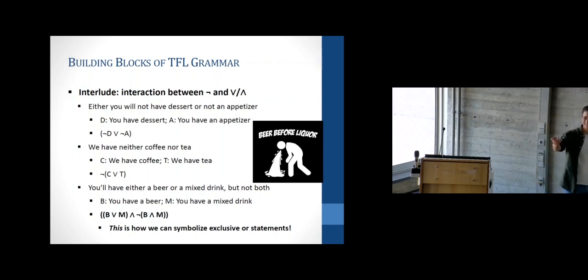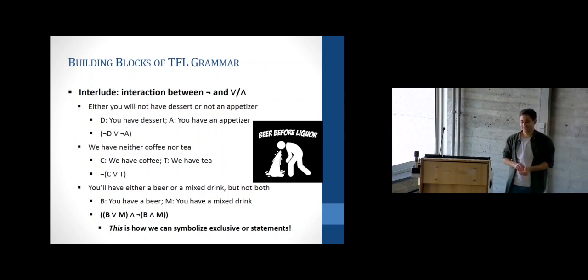Logic is fine. Isn't it just easier to say not beer and a mix? Just the final part. Isn't it easier than including the rest? This says you will not have a beer and a mix, with the final part of the exclusive statement.